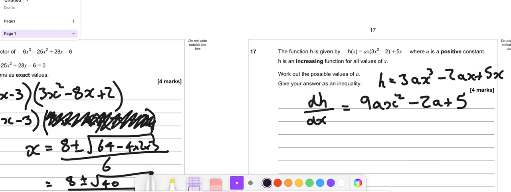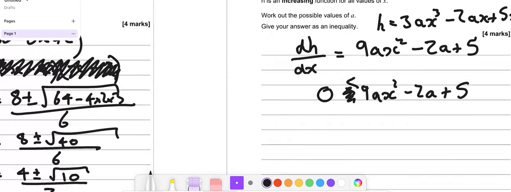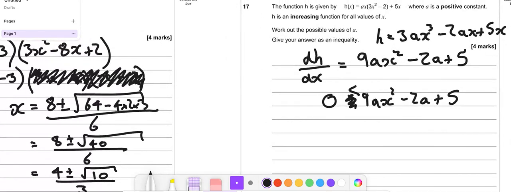So this has got to be bigger than 0. 9a x squared minus 2a plus 5. So x squared is always bigger than 0.